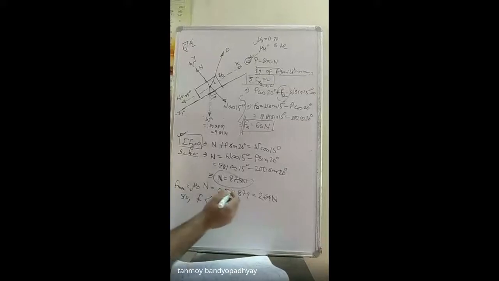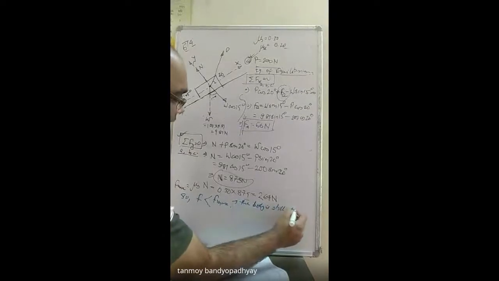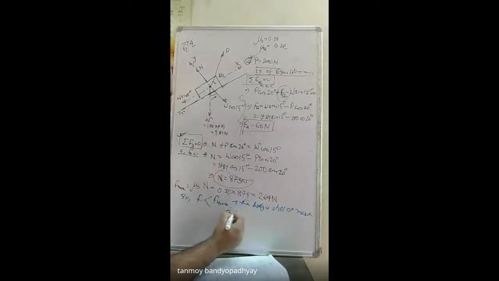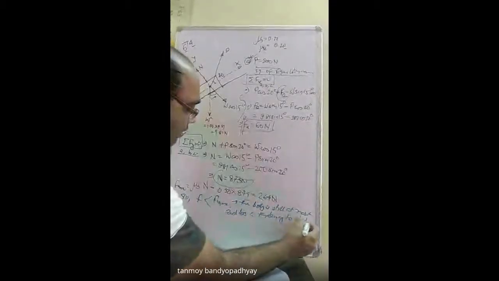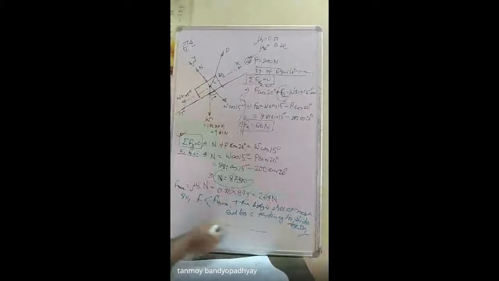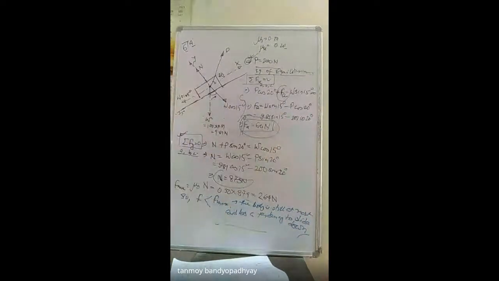So the body is still at rest and has a tendency to slide down, which is why this FA value we got as positive. Okay? So the body is still at rest and has a tendency to slide down, so the friction will be in the upward direction.